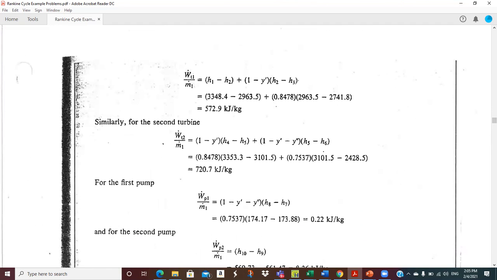Okay, and similarly for the second turbine, the mass flow coming into the second turbine is 1 minus y prime, because that is gone. And so then that enthalpy difference is H4 minus H5. And then we have the second extraction, y double prime. So then that mass is out of there.